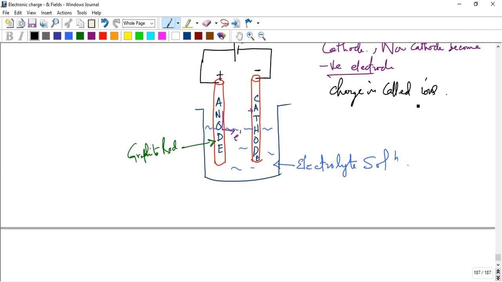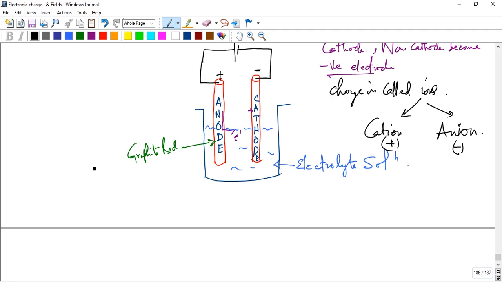There are two types of ion: one is cation, the other is anion. Cation is positive and anion is negative, and the cation goes to the cathode and the anion goes to the anode. Very important. Anion goes to the anode and cation goes to the cathode.